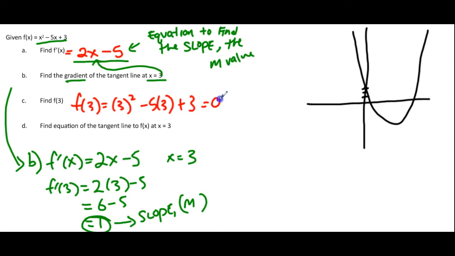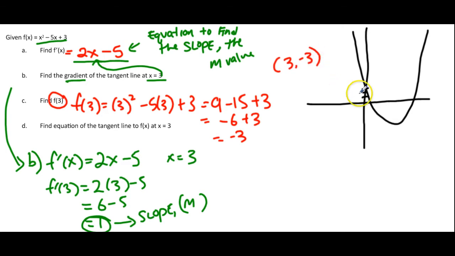That's the same thing as 9 minus 15 plus 3, which is negative 6 plus 3, which is negative 3. So when you plug in 3, you get a y value of negative 3. Let's say this is 1, 2, 3, and 1, 2, 3. Right about here is that point.